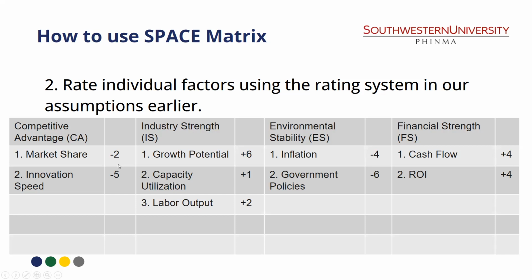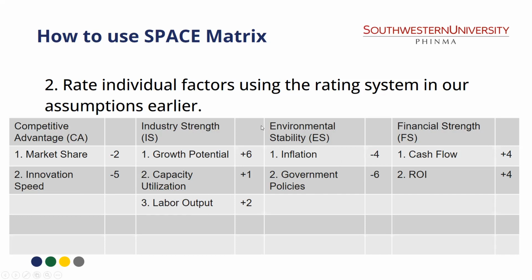So -2 means the performance of my company is fairly good versus our competitors. As mentioned earlier, competitive advantage is located on the left side of the quadrant, with -1 being the best and -6 being the worst. So -2 is good. Innovation speed, this is where we lag. I gave it a -5.